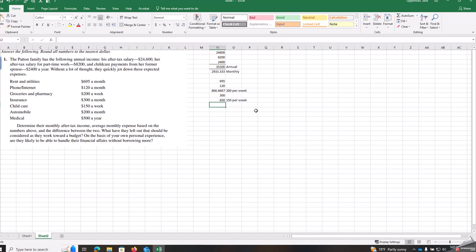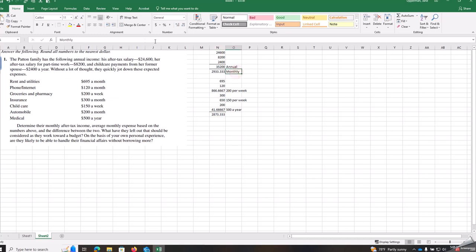Then we've got automobiles, it's $200 a month, and then medical is $500 a year. So if we take the 500 and divide that by 12, and then add those up, we get $2,873.63. Again, that would be our monthly expenses.